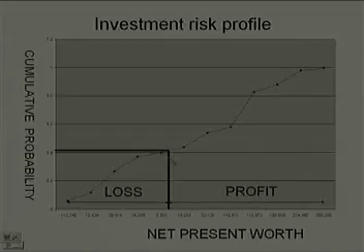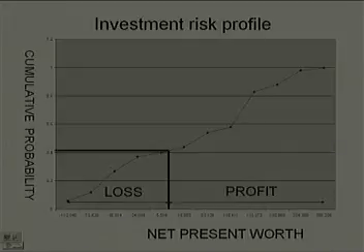How did we get this line? This line is drawn at point 0. So corresponding to net present worth of 0, you are drawing this vertical line, and that line we are extending it to get the corresponding cumulative probability values. So what you find in this particular example is that there is about 40% chance.